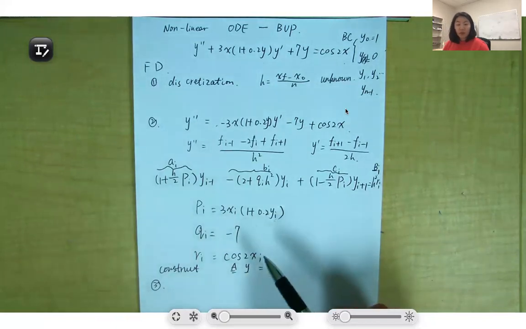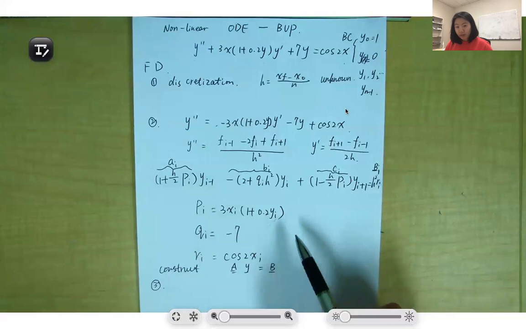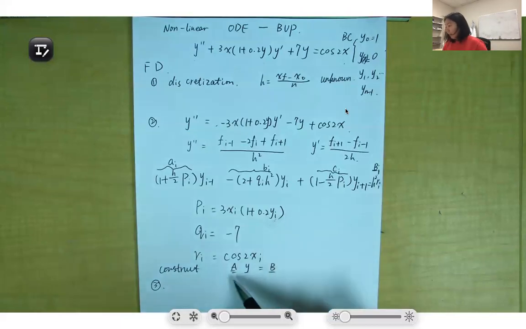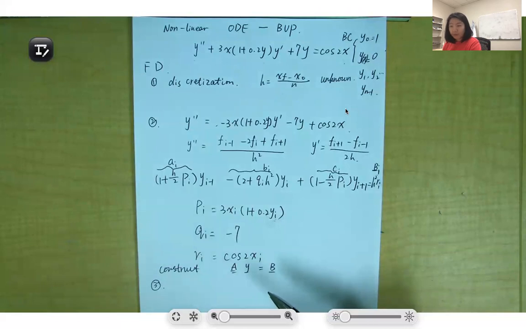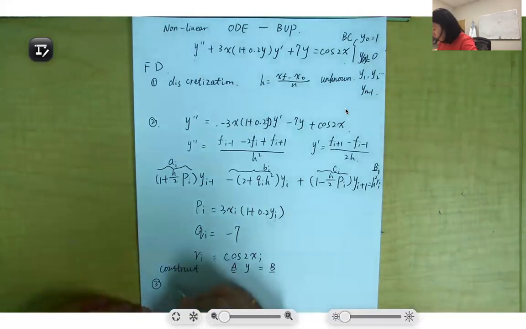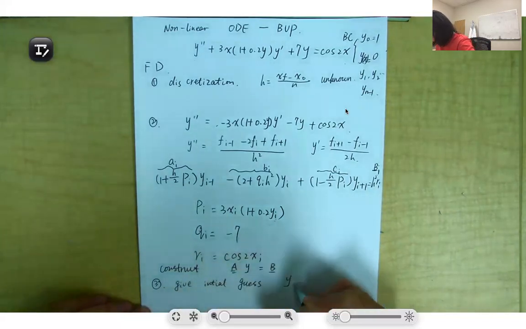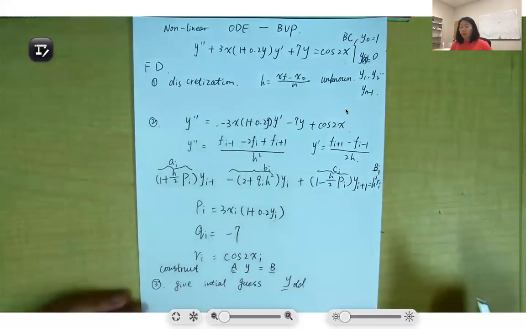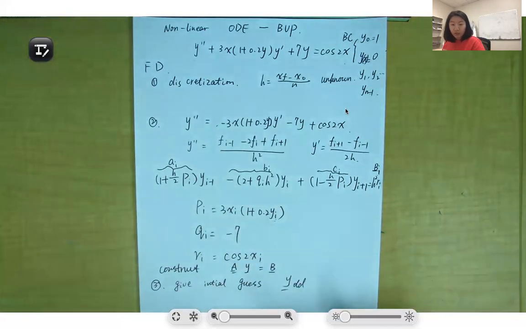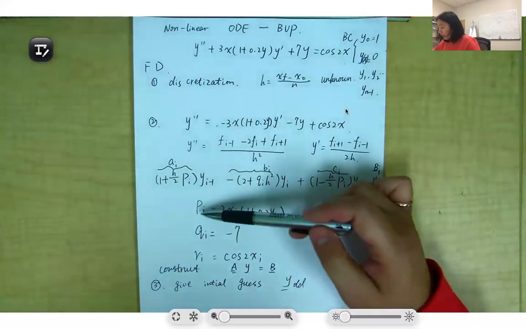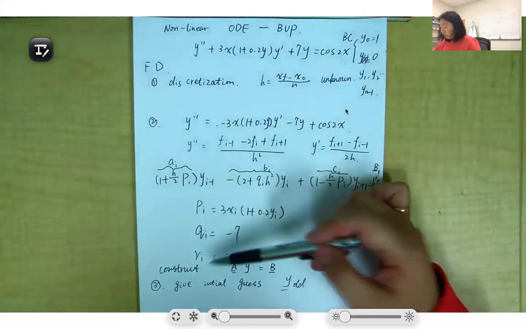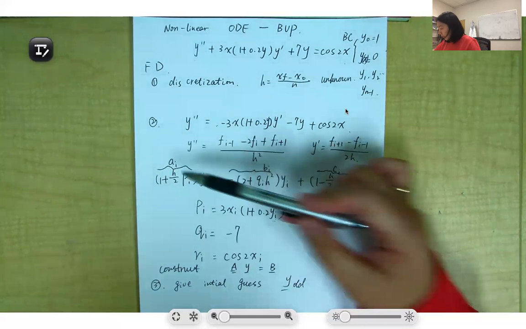So unless you know what your y is, you don't know what A is, and then you couldn't solve these equations for the finite difference method. What we need to do is give an initial guess of y, which can be from the bvp ODE solver. Then you will know what pi, qi, ri are, and you will know the coefficients ai, bi, ci.